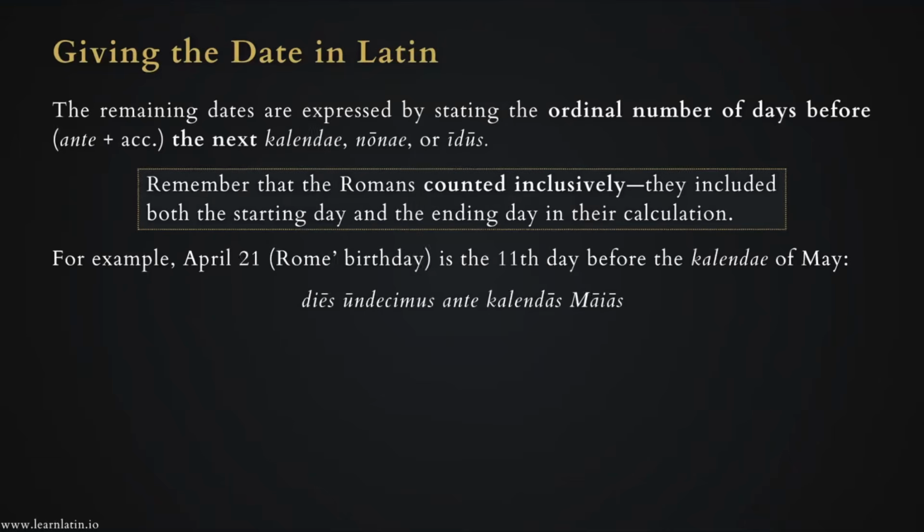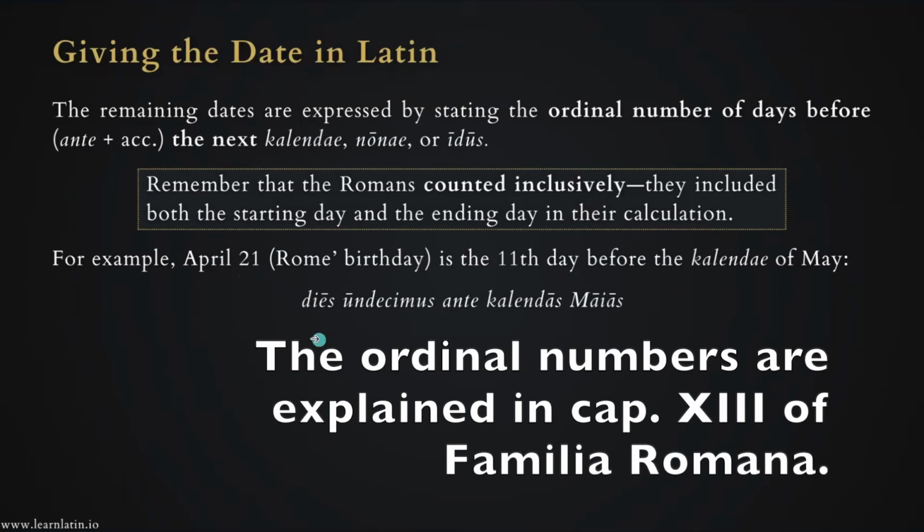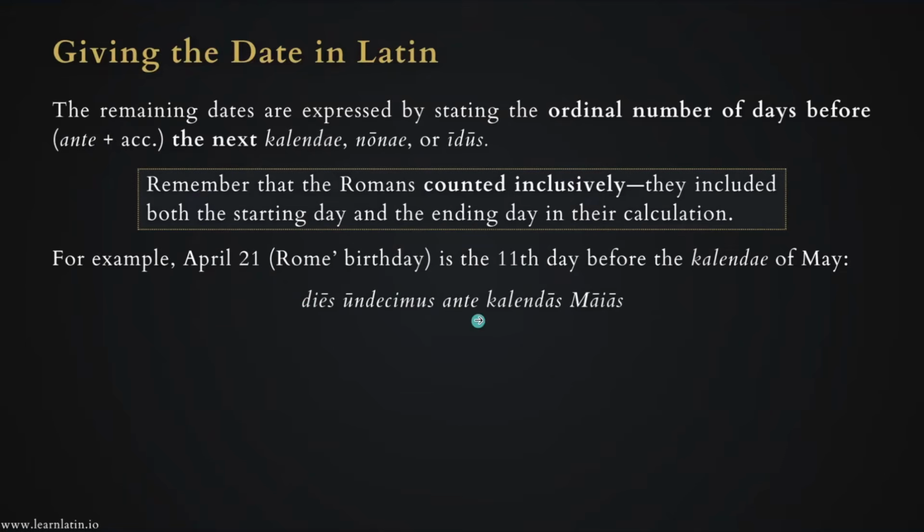Well, the calendae, because that's the one that comes after. That's the point of reference for indicating this date. So we say the 21st of April is the dies undecimus, the 11th day. You see, we use the ordinals here, before the calendae Maiae, ante calendas Maias, before the 1st of May.